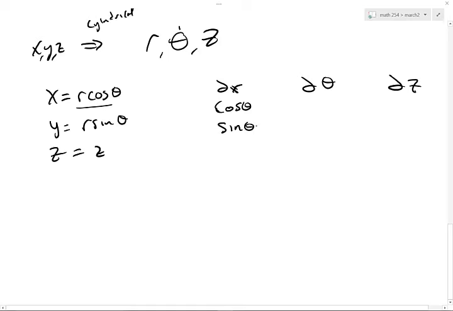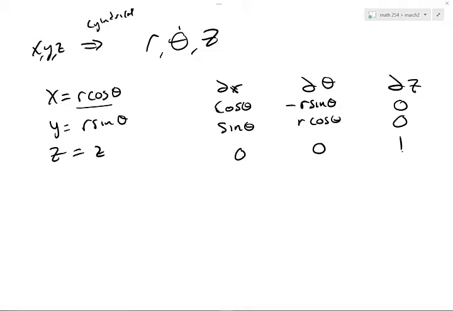What's the derivative of z with respect to r? 0. What's the derivative of x with respect to theta? Negative r sine theta. And r cosine theta for y. And the derivative of z with respect to theta is? 0. And now what's the derivative of x with respect to z? Nothing. Right there. 0, 0, 1.